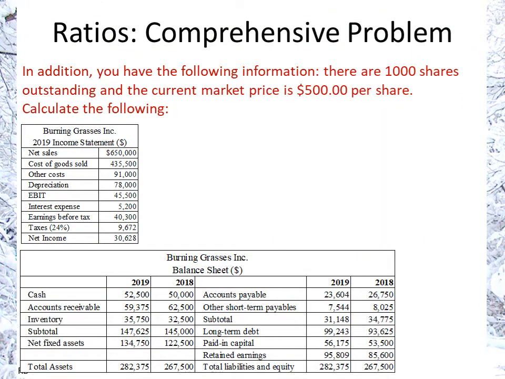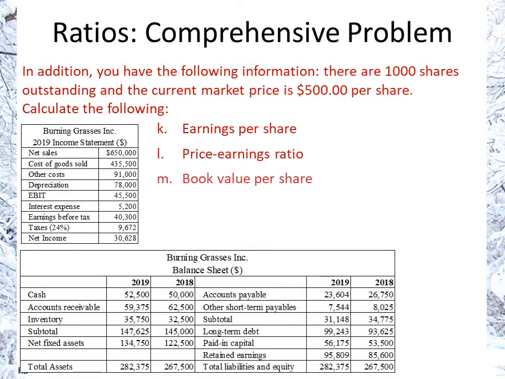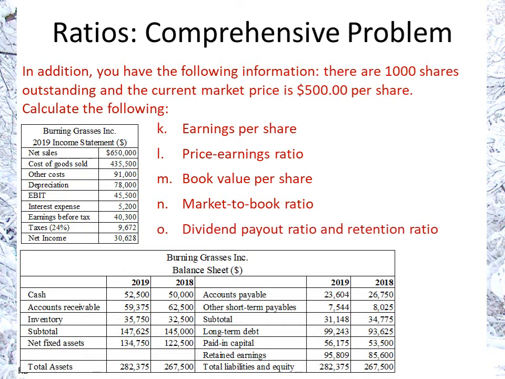So you also have the information that there are 1,000 shares outstanding. So the company has 1,000 shares, and the current market price is $500 a share. So we're looking to calculate earnings per share, the price earnings ratio, the book value per share, market to book ratio, and the dividend payout ratio, as well as the retention ratio.